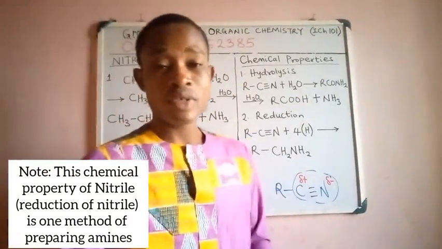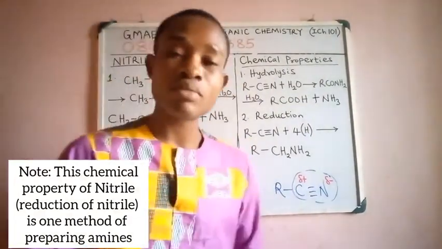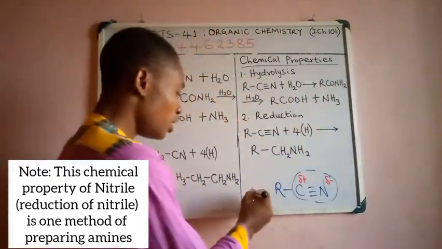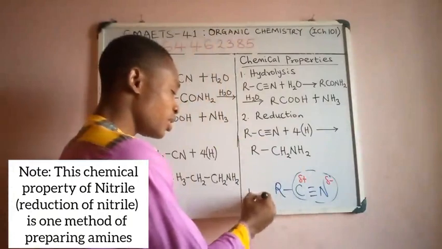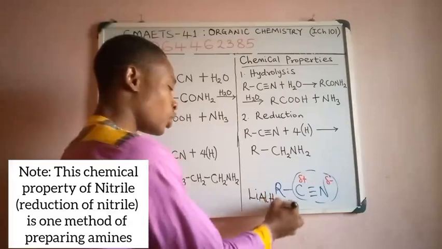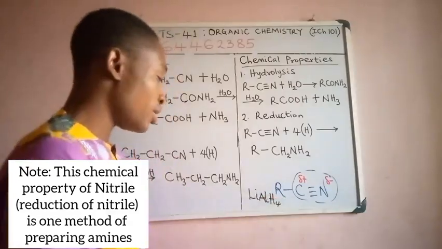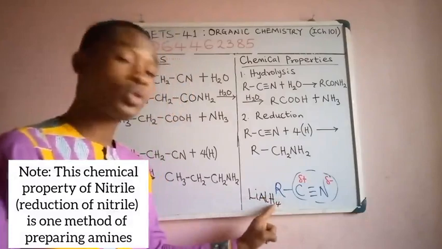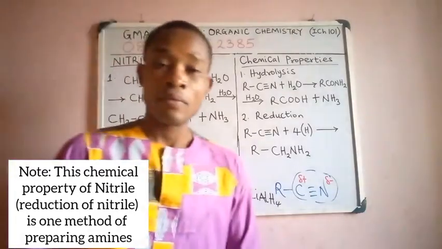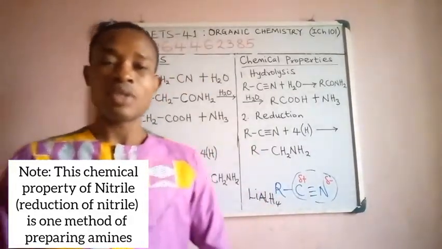Or of course, we can use a compound called lithium tetrahydroaluminate(III), which is LiAlH4. Li is lithium, then tetrahydroaluminate, 4 hydrogen, aluminate 3. So any of these reducing agents can be used.